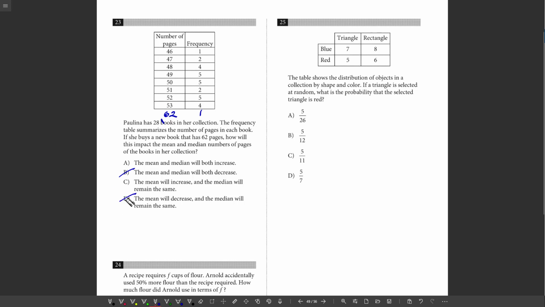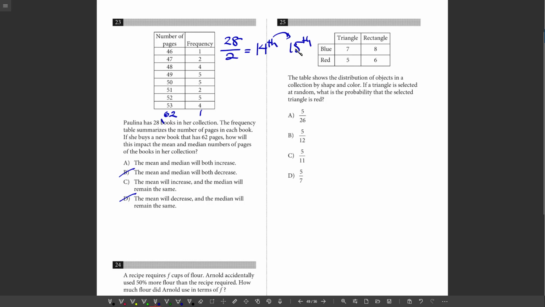So now the median. What's happening to the median? Let's find the original median. I had 28 books, so I have an even number of books. So the median is going to be the average of the 14th and 15th book. And if you're unclear on how to find that, just take your 28, divide it by 2. That gets you the 14th book, the first halfway point, and then you can use the other halfway point as the 15th book.